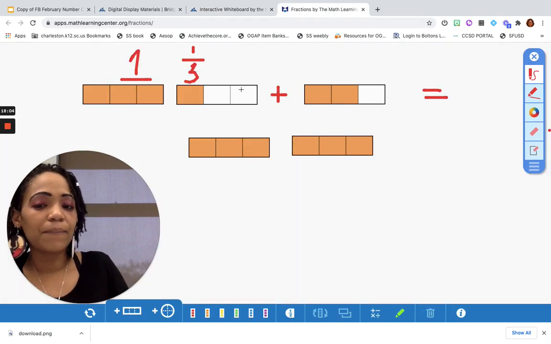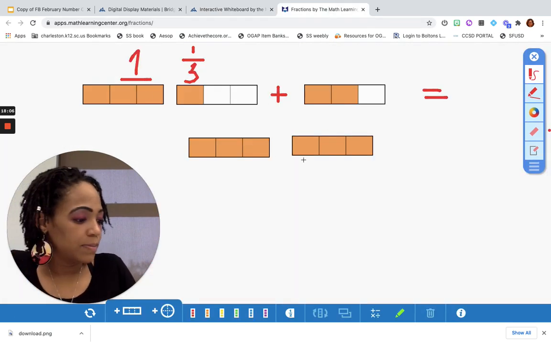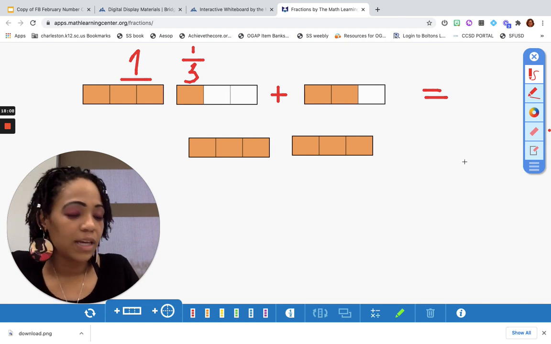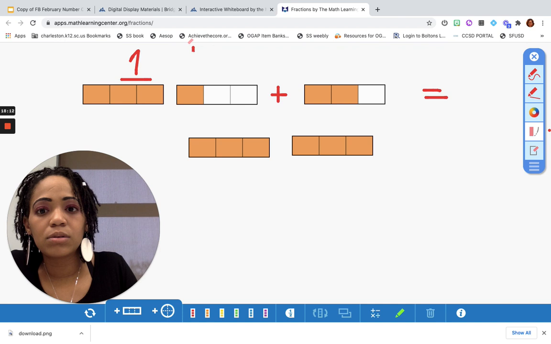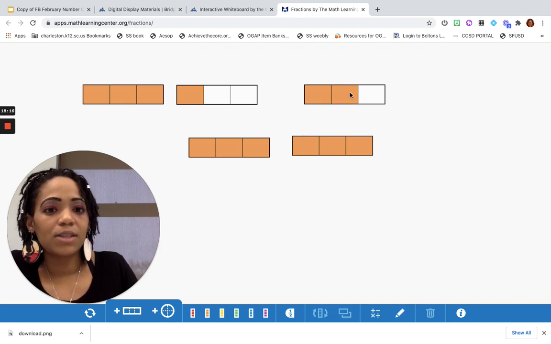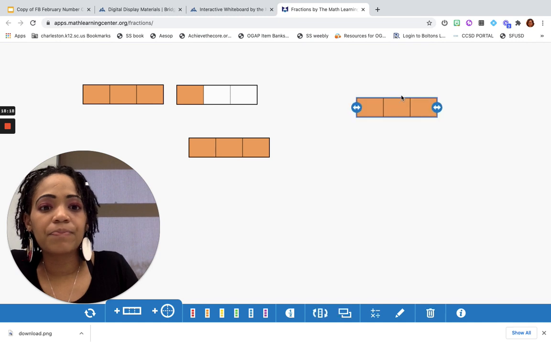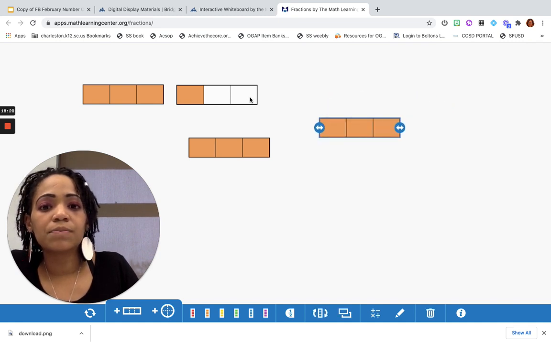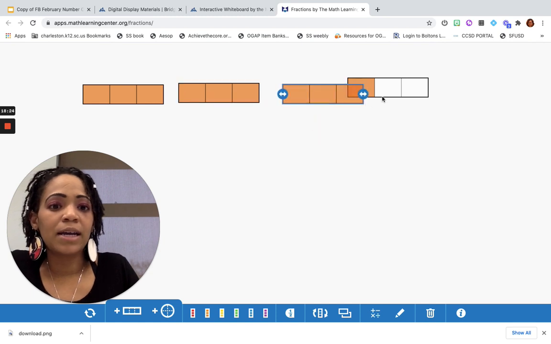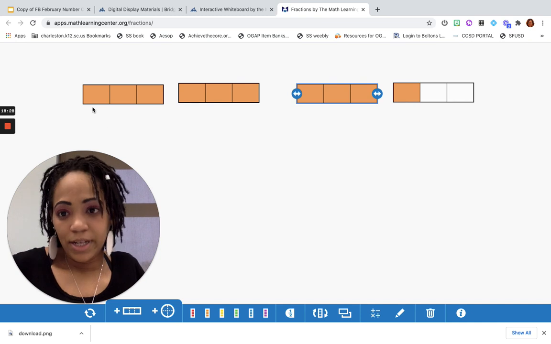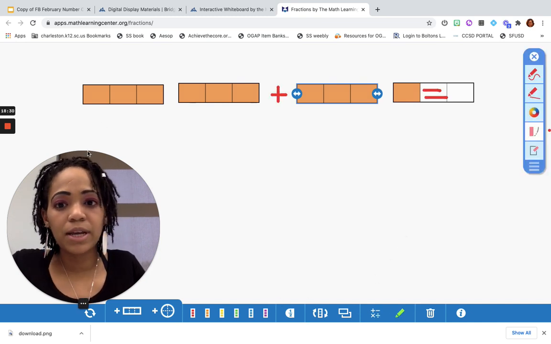Let's check it out. So here's my 2 wholes, and then let's say I'm adding that to my 4/3. So here's 6/3. Let me draw it out for you.